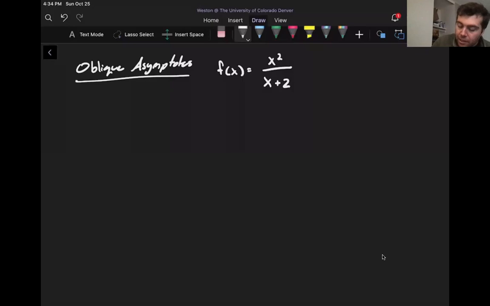And always, we get oblique asymptotes when the degree of the top is bigger than the degree of the bottom.